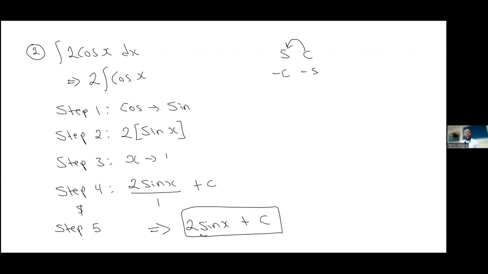Maybe I should just add one more example, maybe make a more interesting example. So let's say we have something like cos 9x minus 2 with respect to dx. So we are told to integrate cos 9x minus 2 with respect to dx. Step 1, we have to change the trig identity.